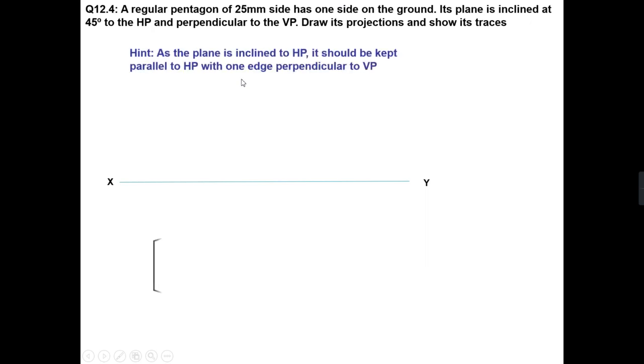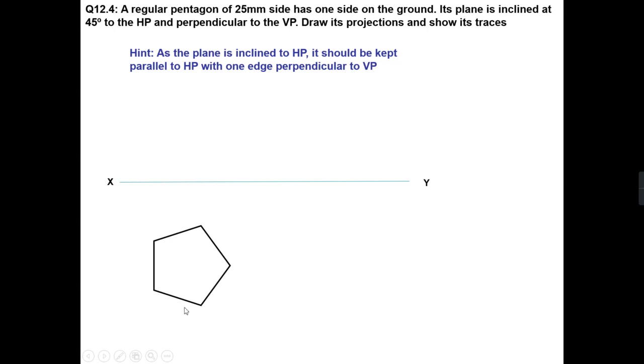Okay, so first I will draw the reference line, then the pentagon. What should be the internal angle of the pentagon? (2n minus 4) times 90 degrees, divided by n, right?